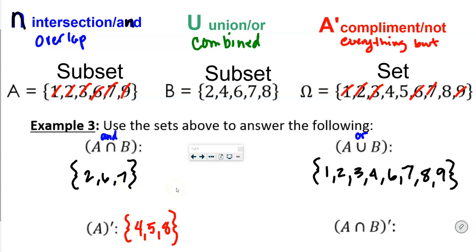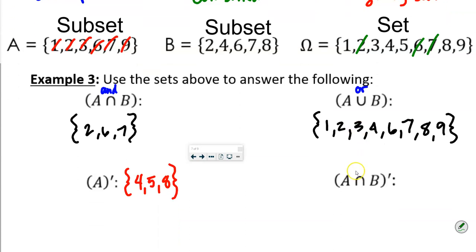So now we're going to look at our whole set again and figure out what's not 2, 6, or 7. So not 2, not 6, not 7, right? So that's everything else. So that means we have 1, 3, 4, 5, 8, and 9. Okay?